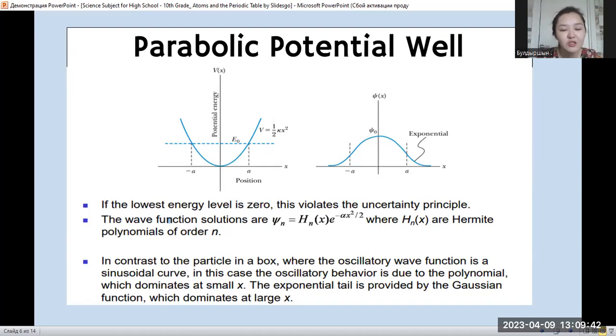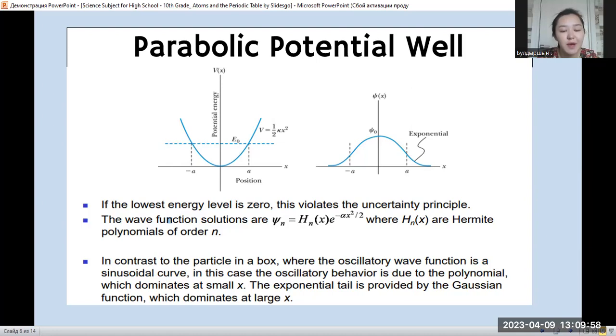The wave function solutions are psi n equals H n e to the minus a x squared divided by 2, where H n of x is a Hermite polynomial of order n.